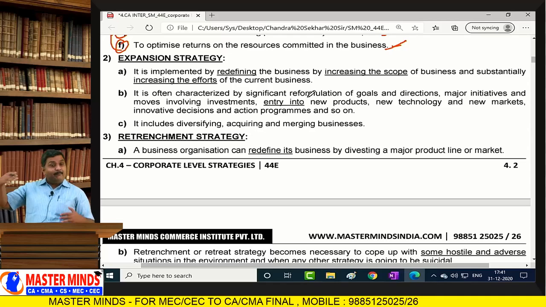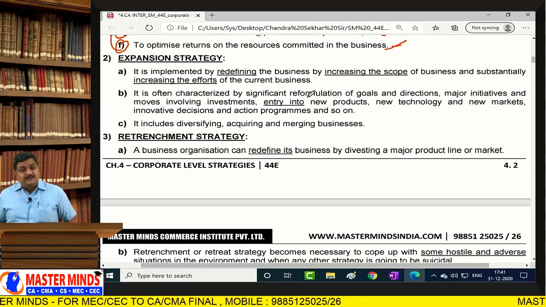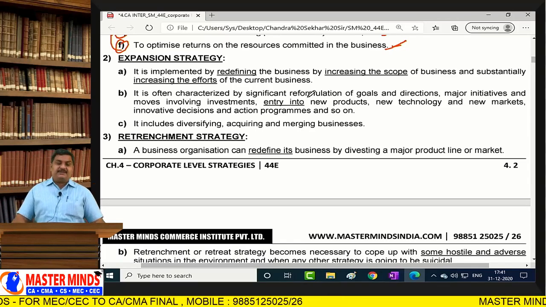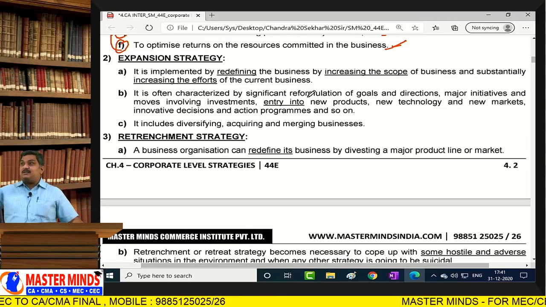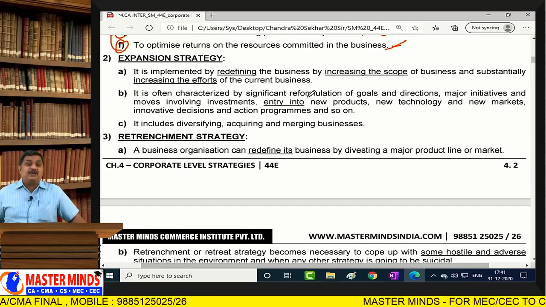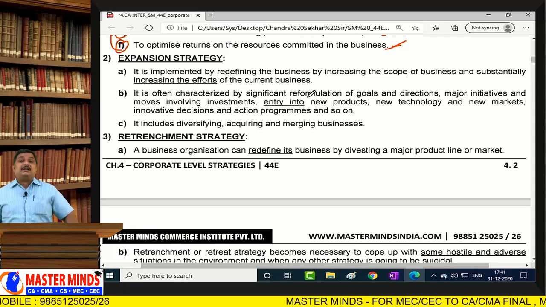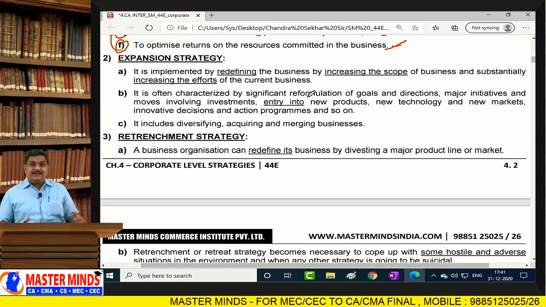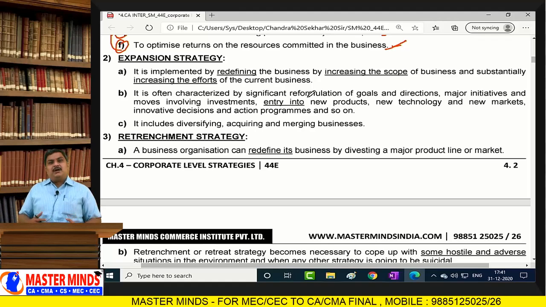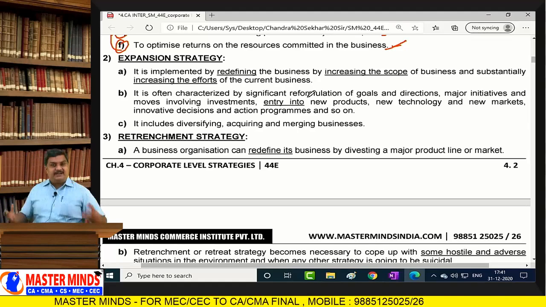And compared to Google Pay, recently in this COVID-19 situation, PhonePe is more used, especially for making small payments. Like that, I was in IT and I felt that these digital payments apps are doing well and I wanted to enter that business. Now there is a redefinition of my business. You know what is business definition? Initially I defined my business as an IT business, but now I have entered into the digital payments business also. That means my business is redefined.